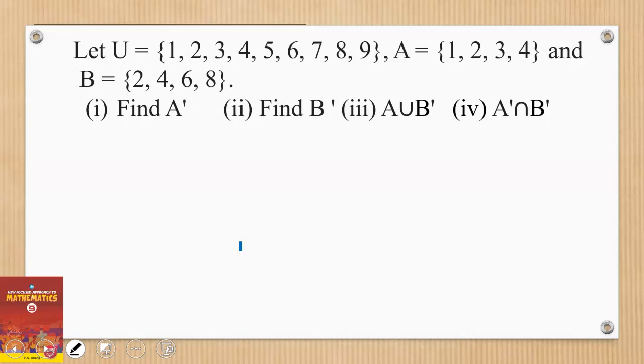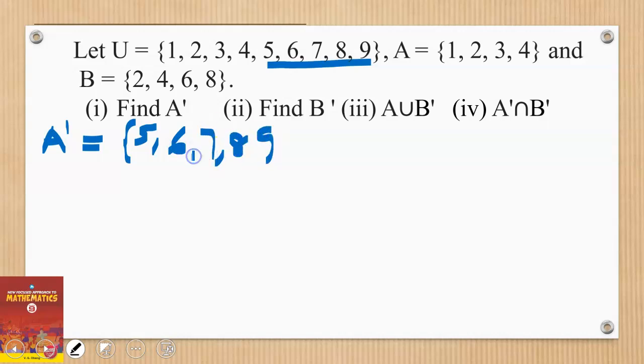Let's say we have the universal set to be this, and set A is defined and set B is defined as that. Now the question wants us to find the complement of A. So I can start by saying complement of A will be equal to all the elements that are in the universal set but not in A. So that can be 5, 6, 7, 8, 9, right?